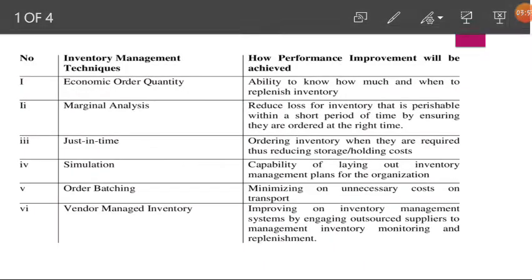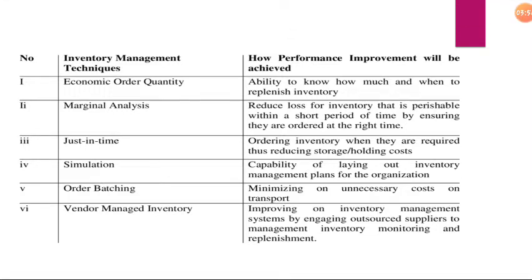Next, let us move on to the inventory management techniques. So the first one is economic order quantity. It is the ability to know how much and when to replenish the inventory.